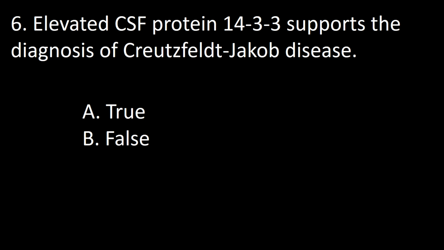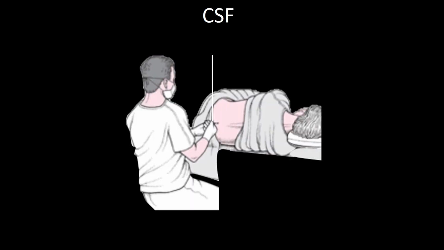Next question. Elevated CSF protein 14.3.3 supports the diagnosis of Creutzfeldt-Jakob disease. A true, B false. According to some practitioners, CSF studies with manometry should be done in every patient with dementia during the initial evaluation, unless there is a contraindication to do so.